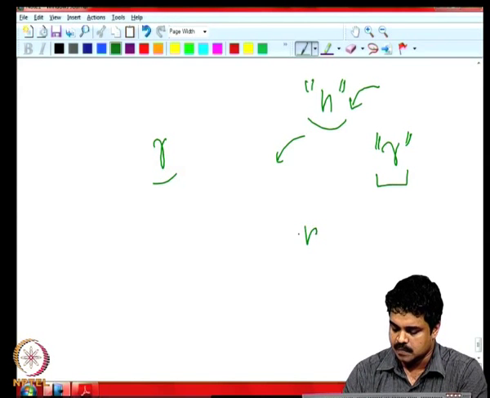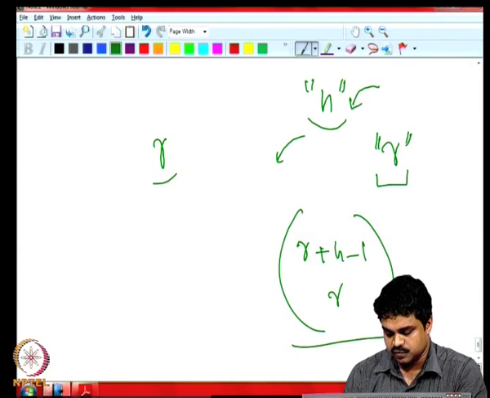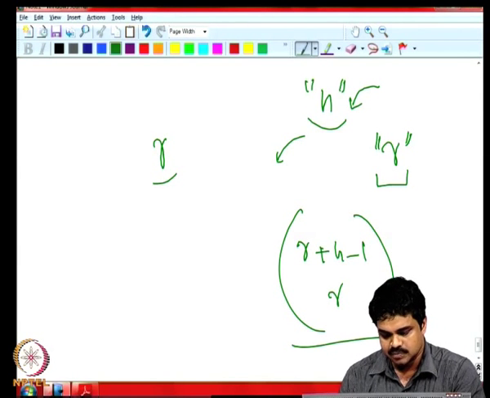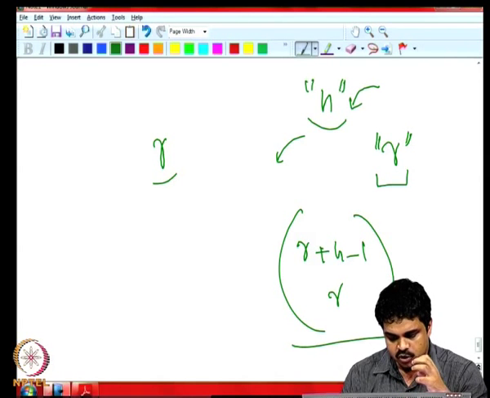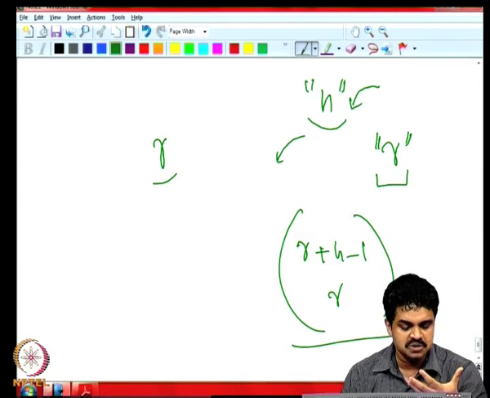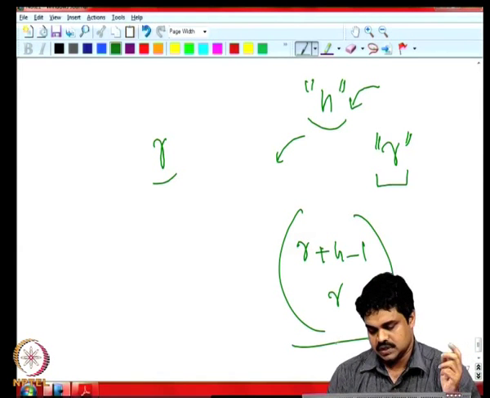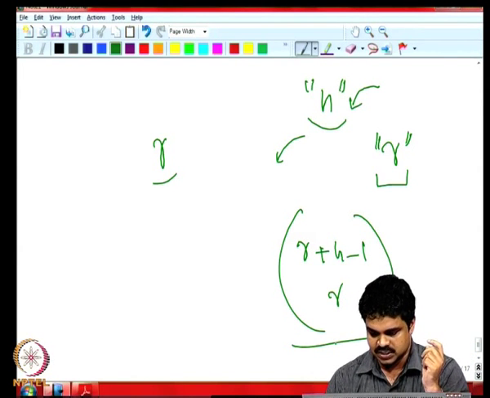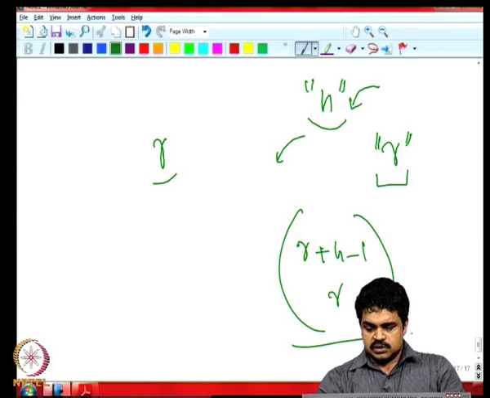That means r plus n minus 1 choose r. For this formula to work, we cannot take any object more than r times, because anyway we are selecting only r things. So that is as good as infinite for us. As long as there are r copies of each type of object, that is more than enough, and this formula will work.